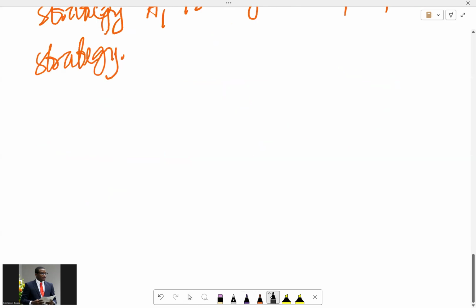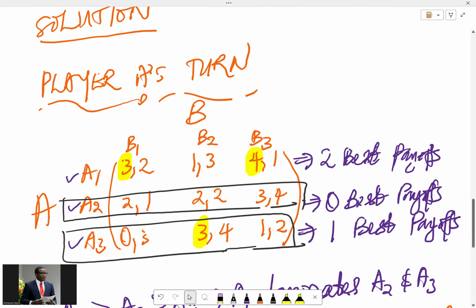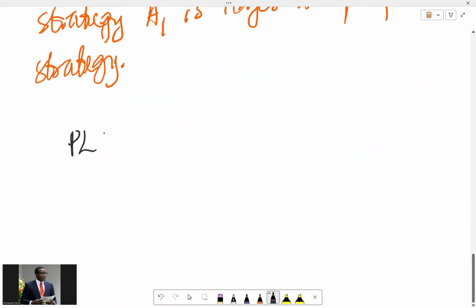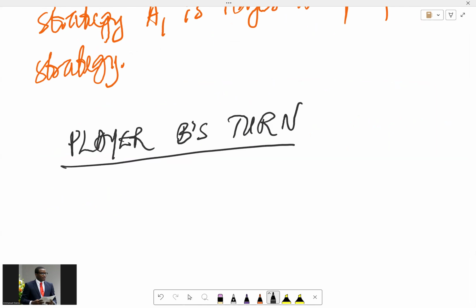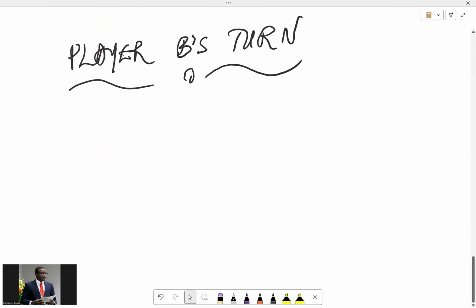So we have taken player A's turn. Let's now look at player B's turn. Same game, same payoff. Nobody knows what the other person is doing, right? So we start again from scratch.